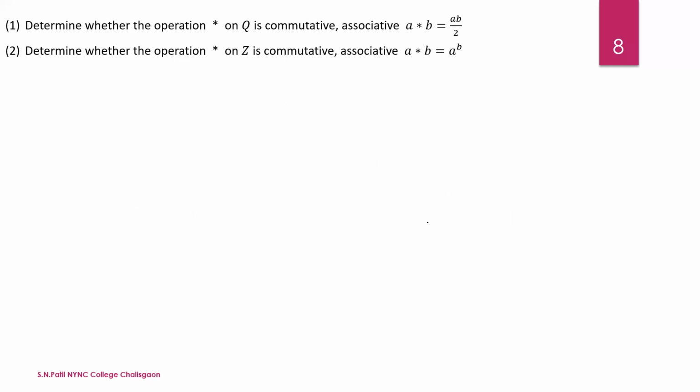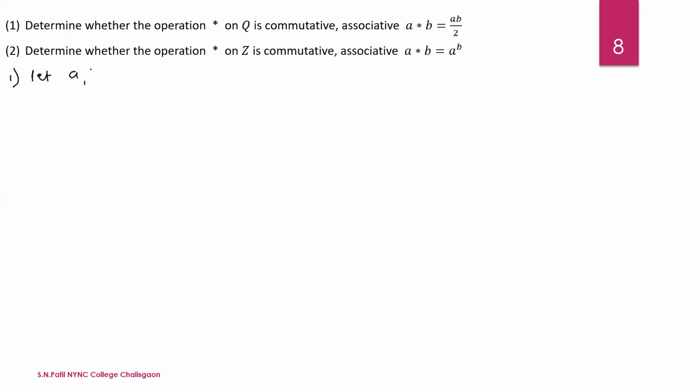Now let us discuss two simple examples in which we check whether the star operation is commutative or associative. The first example: A star B is equal to AB upon 2, where A and B are elements of the set of rational numbers.